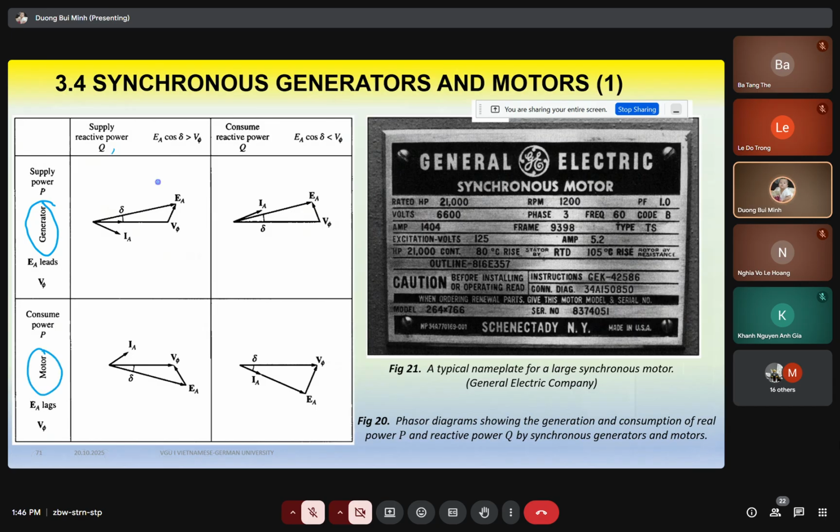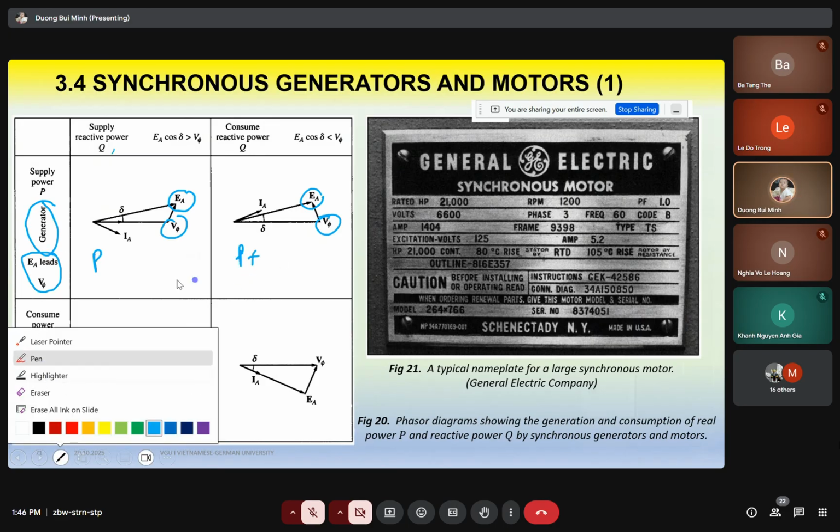Okay. So look, this is generator. Because this is generator, EA is always leading the V phase. EA here, V phase here. Okay, yeah. So that means they also generate P.